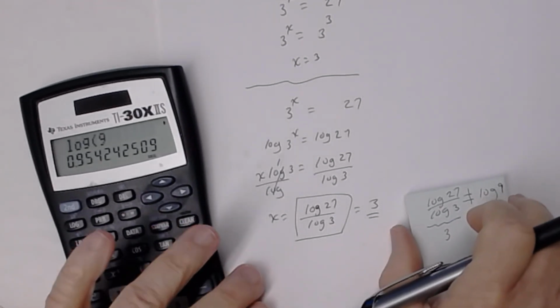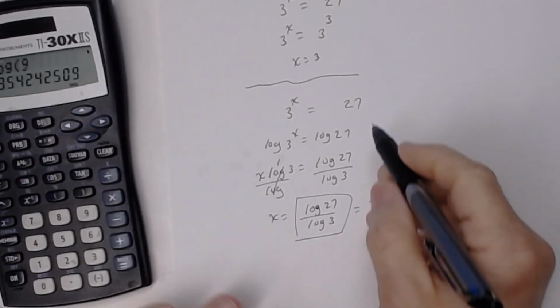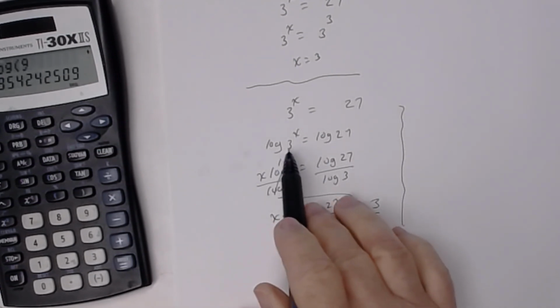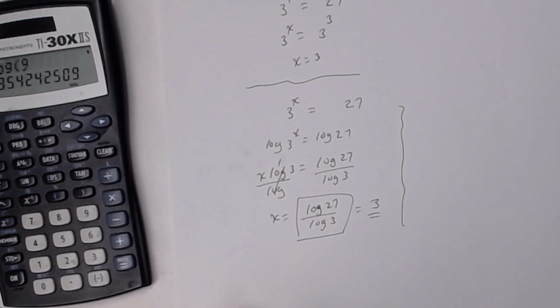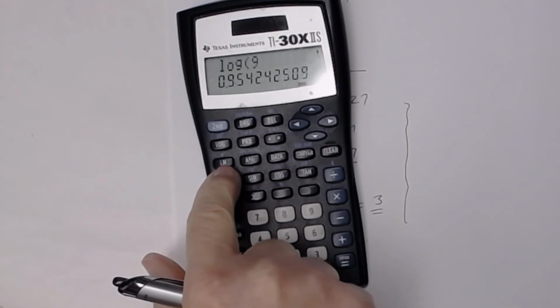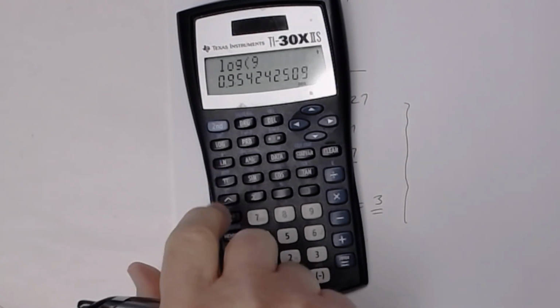Okay? All right. Now notice how I solved this problem. I solved this problem by taking the common logarithm of both sides, by taking the log of both sides. But remember, your calculator also has a natural logarithm function, so ln.